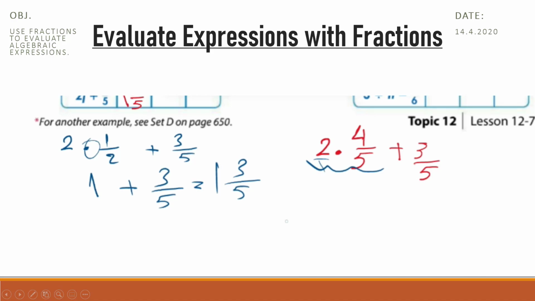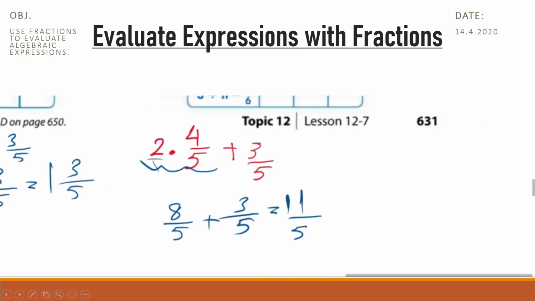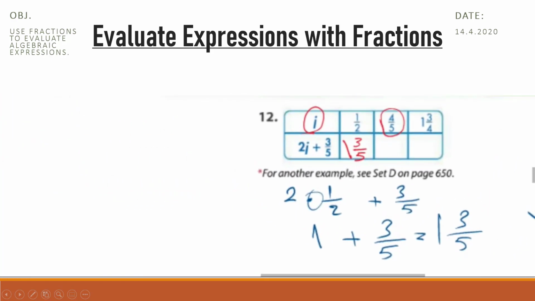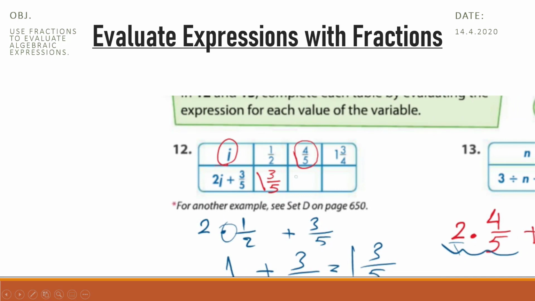Yes, this is 1 in the denominator. So it's 8/5 plus 3/5, which is 11/5. And this is equivalent to 2 and 1/5. So the second one is 2 and 1/5. Okay, do the last one by yourself. I'm waiting for you.